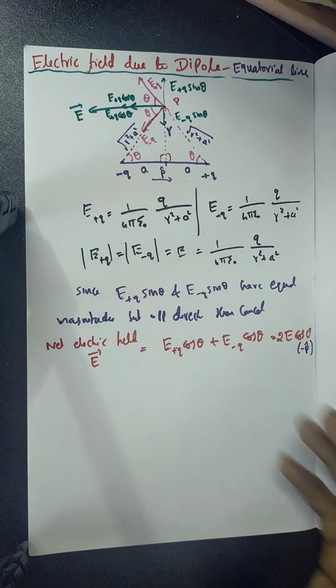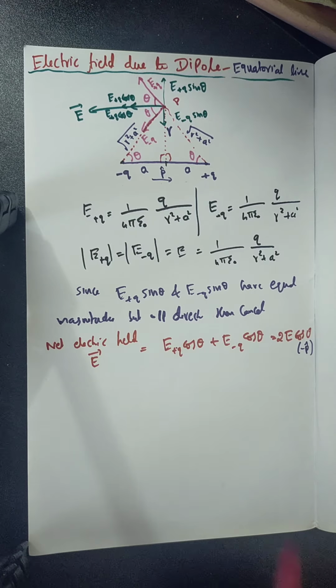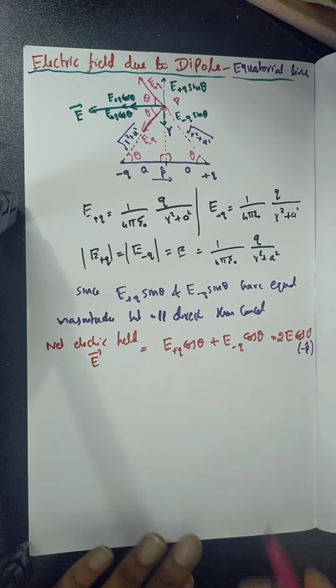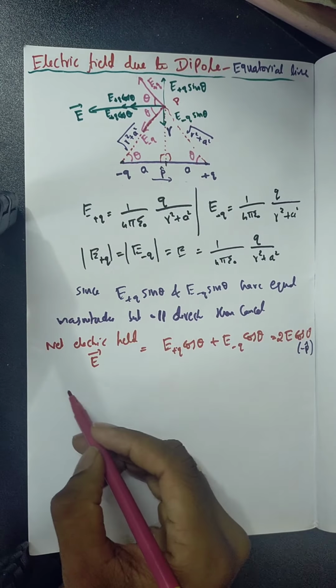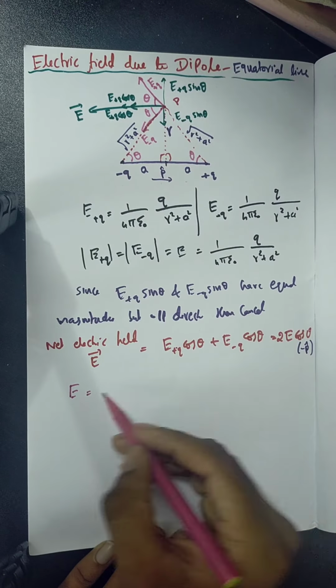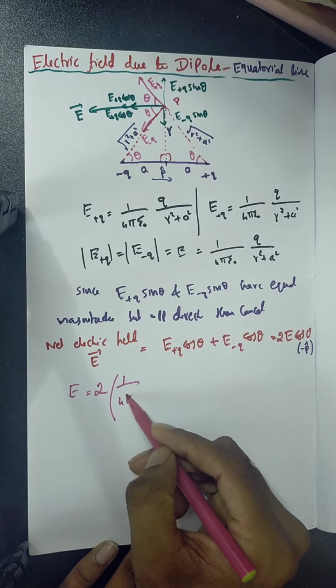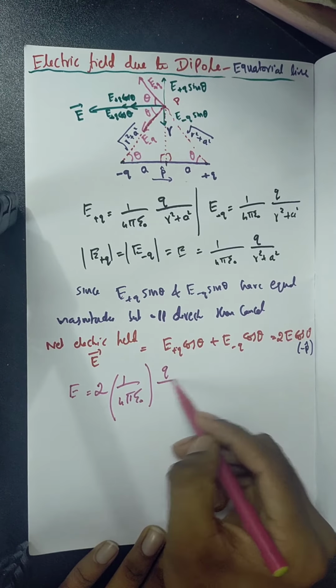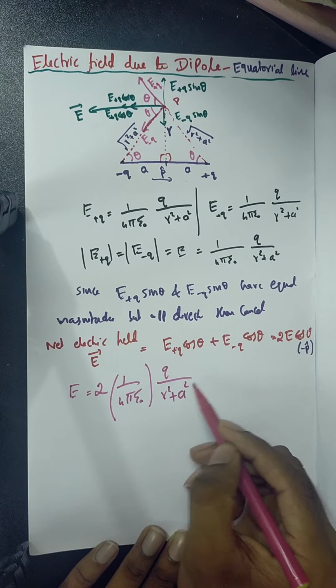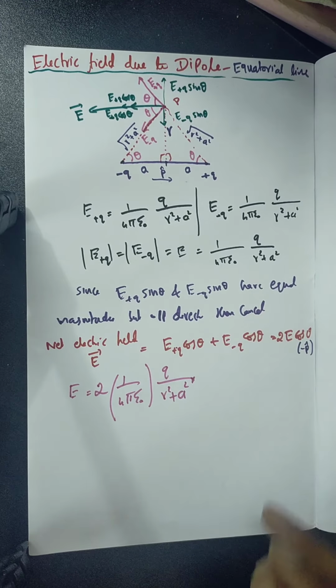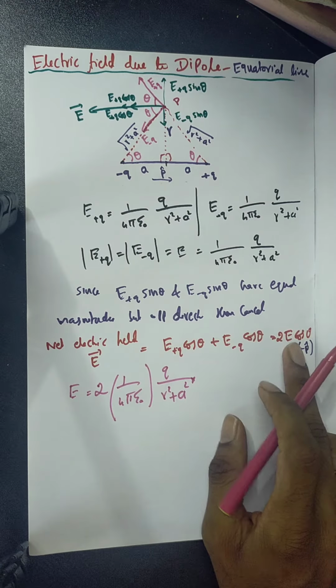Now how much is the net electric field due to the dipole on the equatorial line? So I have to get E is equal to 2 into, what is E? E is here, 1 by 4 pi epsilon naught q by r square plus a square into cos theta. I don't want the final expression in terms of an angle theta. I want everything in terms of the distance. So this cos theta can be written here.